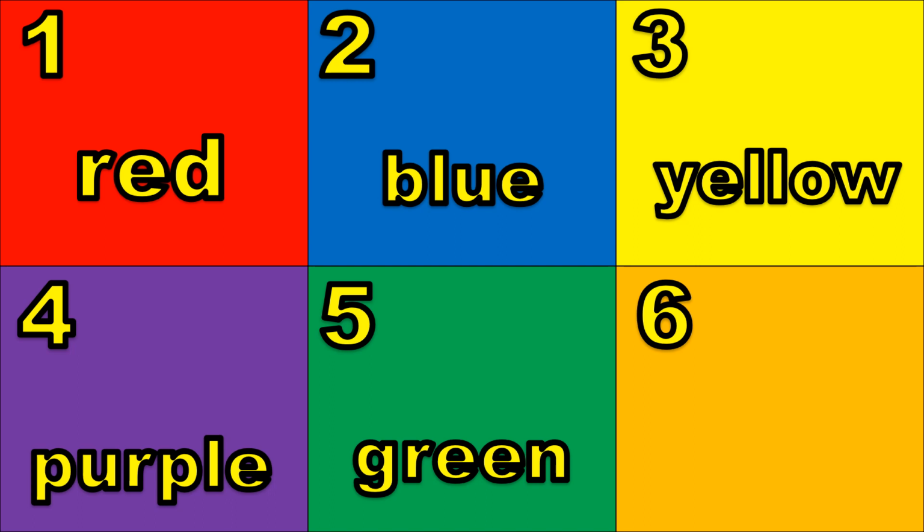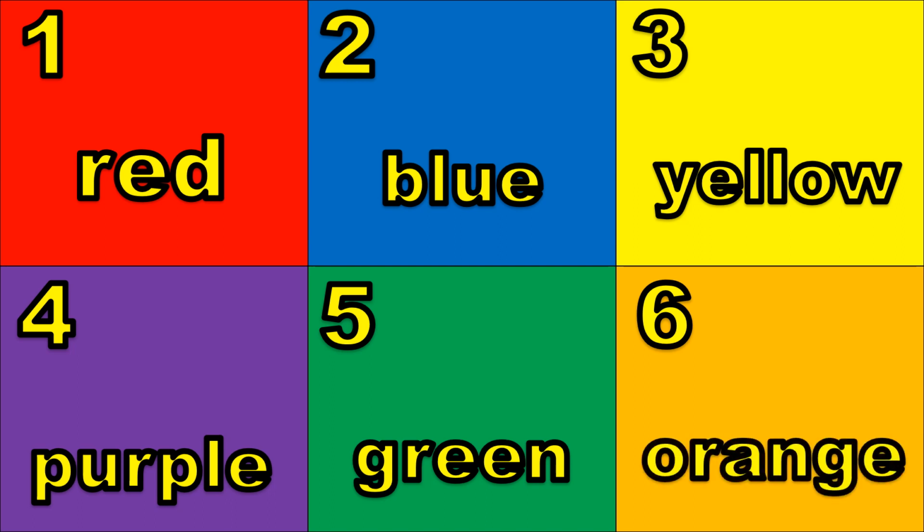Now, let's look at the 6th and the final color together. Color number 6 is what we call orange. So, purple, green, and orange is what we call secondary colors.